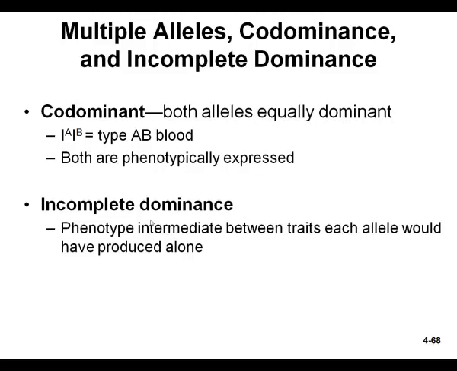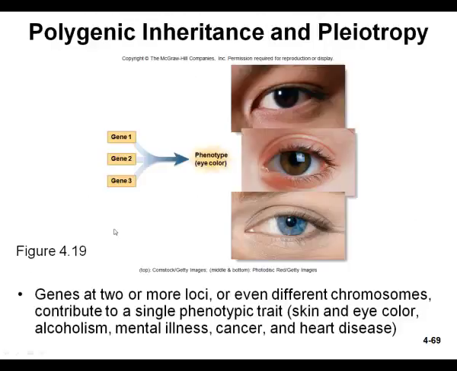The height of an individual sometimes is carried by incomplete dominance as well, which is a blending outcome. Not a single allele can overcome the other, but together they blend and give you something in between, and we see that more in flowers and also in our skin color and so on.